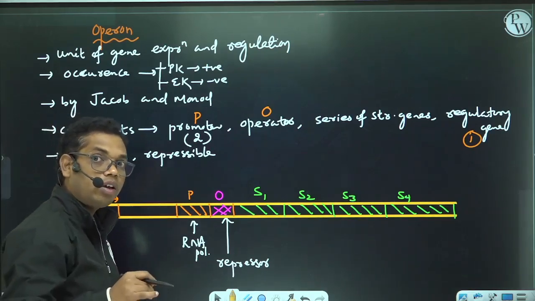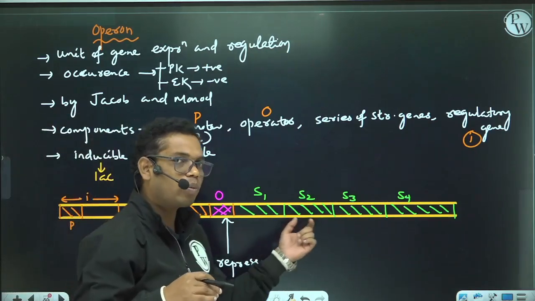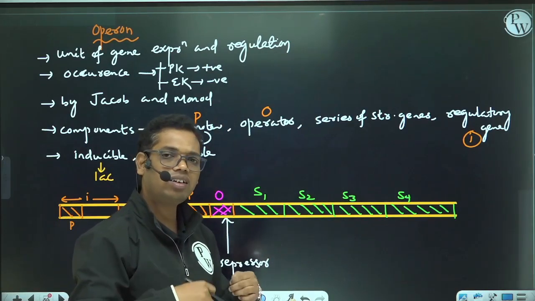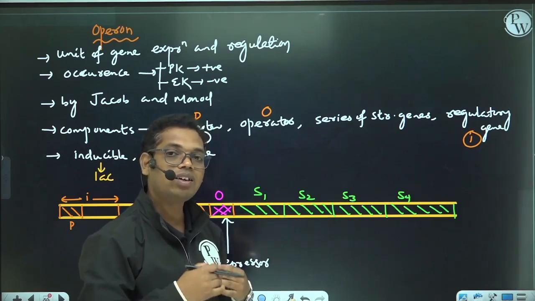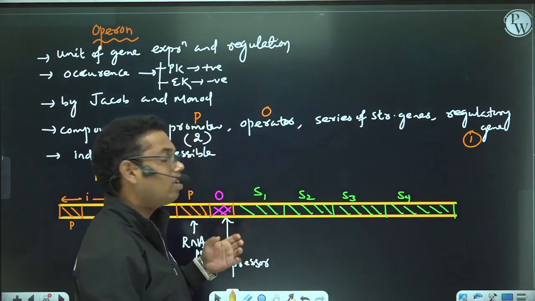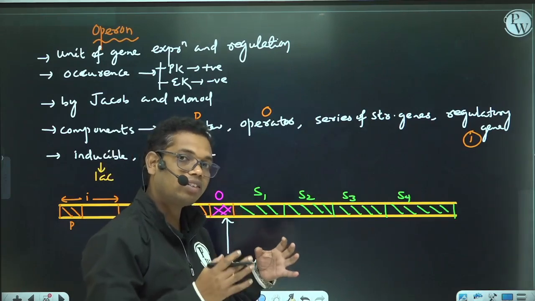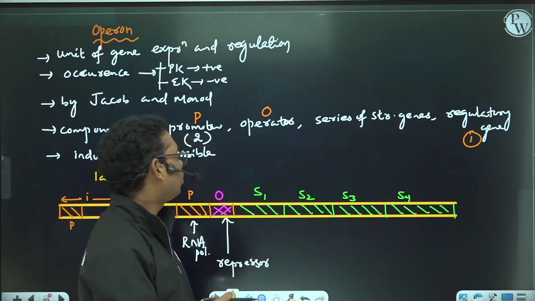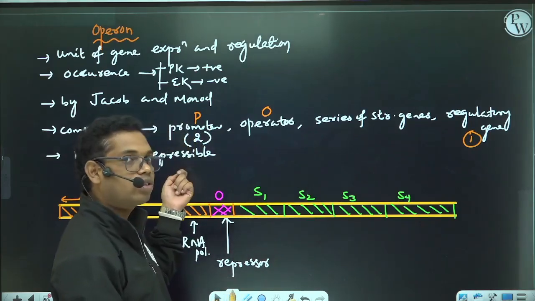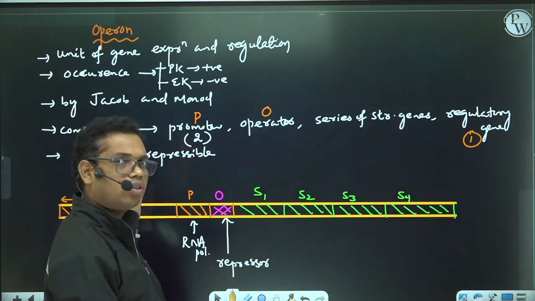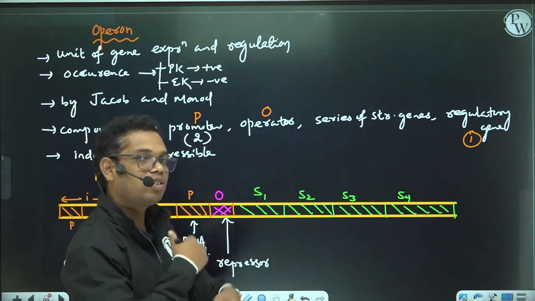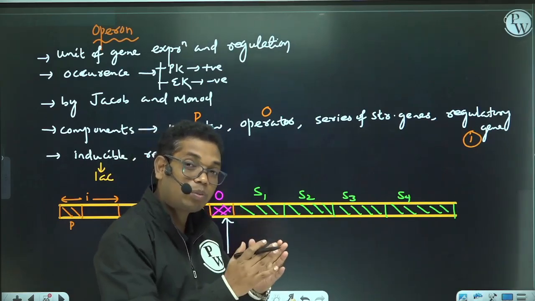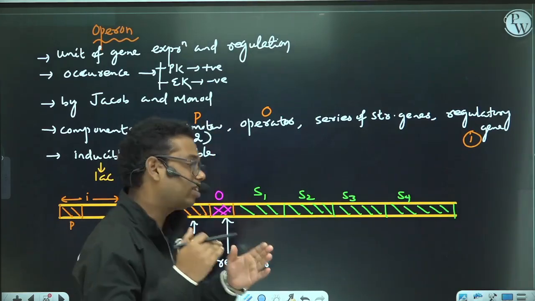And the operon in which the structural genes are normally undergoing transcription or expressing themselves, and under certain conditions or in the presence of inhibitors, they are switched off. Normally they are switched on, but in the presence of inhibitors, they are switched off. They are called repressible. Which are normally switched off, in the presence of chemicals they are switched on, that is inducible.